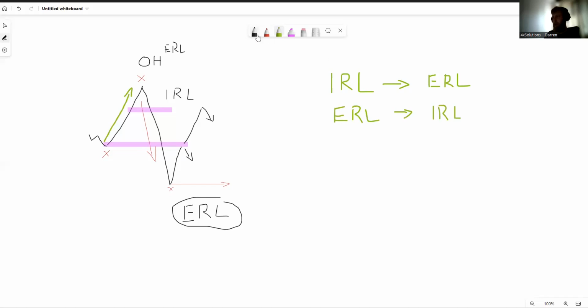So as an example of this, let's say that price decides to trade based on whatever order flow, and it decides to trade higher over here.